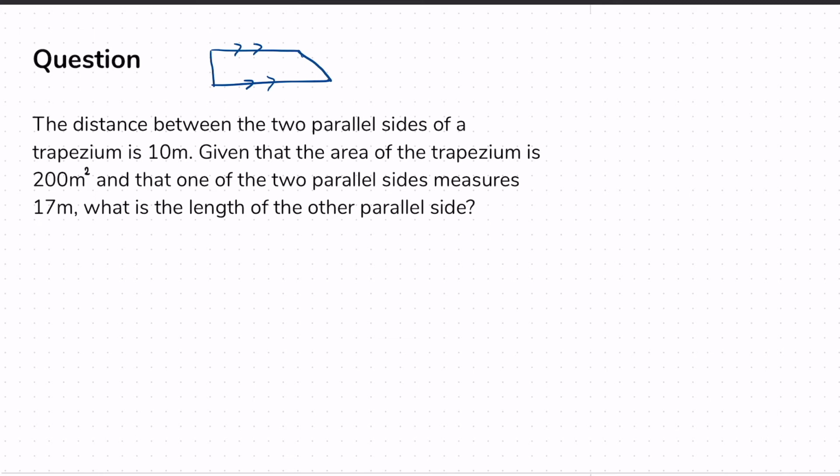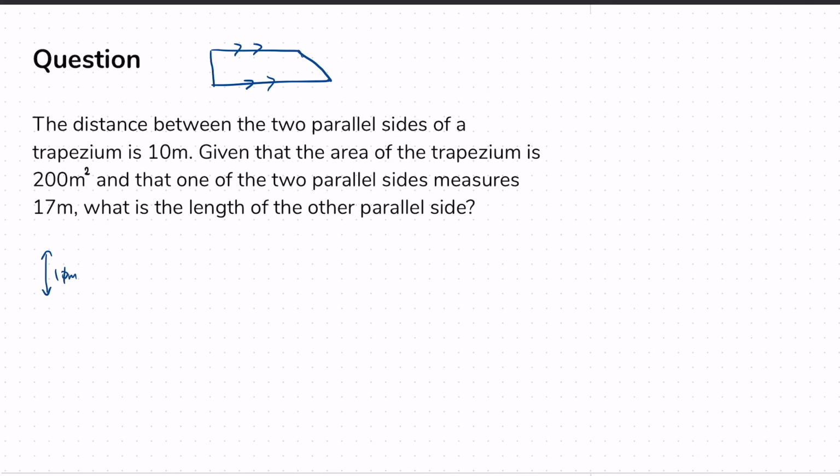Now the distance between the two parallel sides of a trapezium is 10 meters. I'm going to start off here by just writing this down. And given that the area of the trapezium is 200 meters and that one of the two parallel sides measures 17 meters, what is the length of the other parallel side?